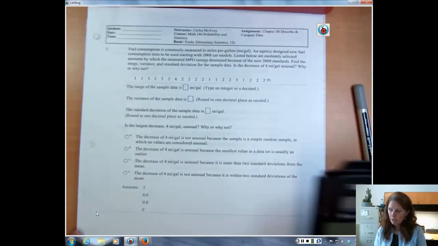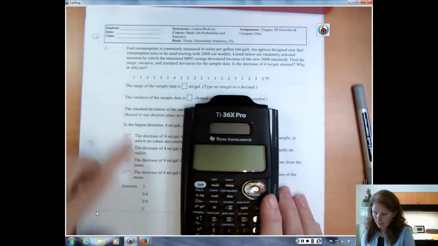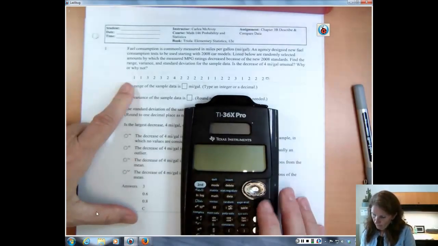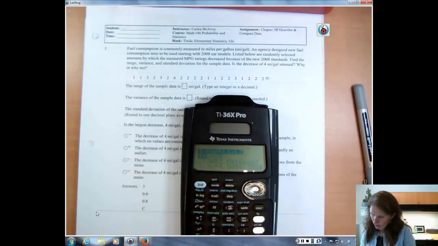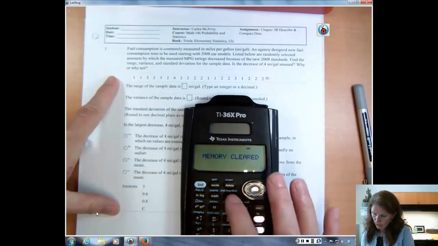We can use either calculator. I'm going to use the 36X Pro, and I have to enter all of this data. So I'm going to do on and then clear to get that cleared out, and then I'm going to enter my data.